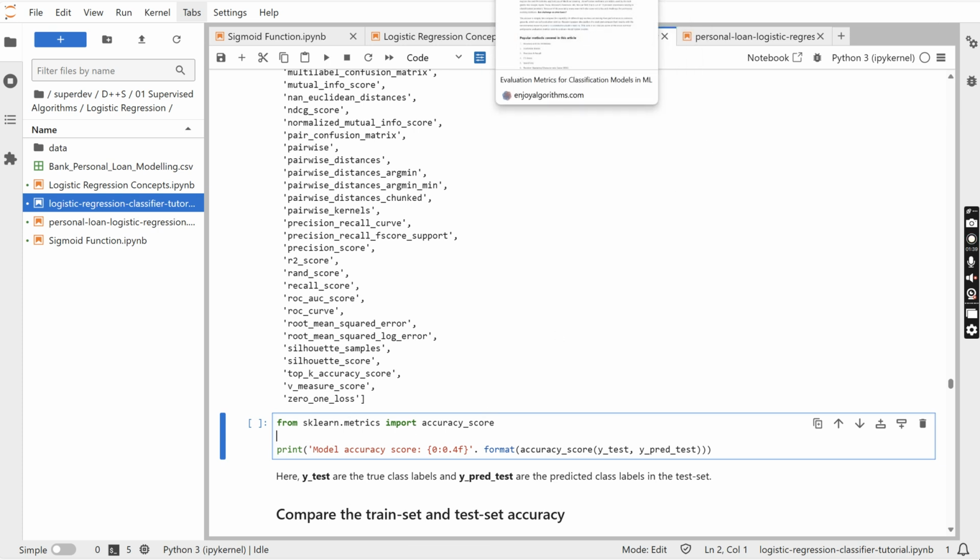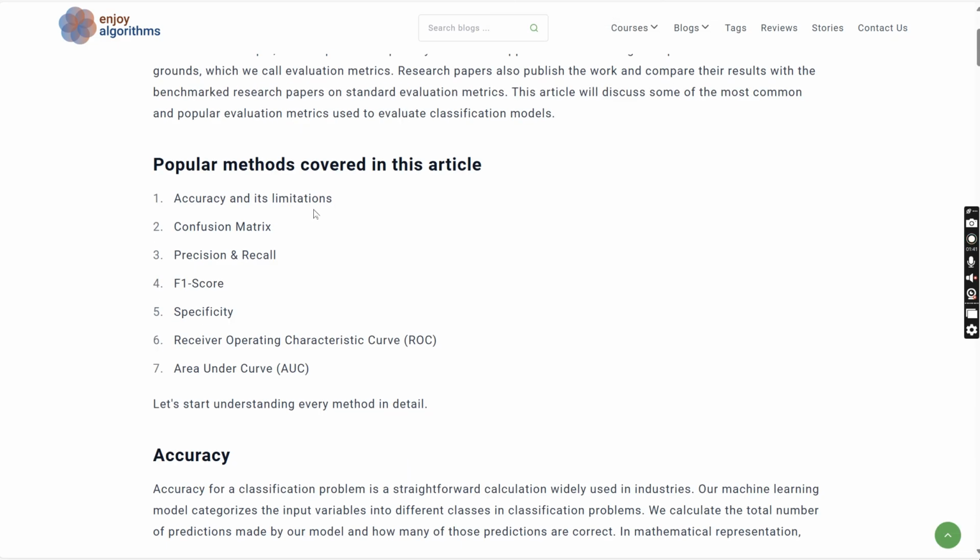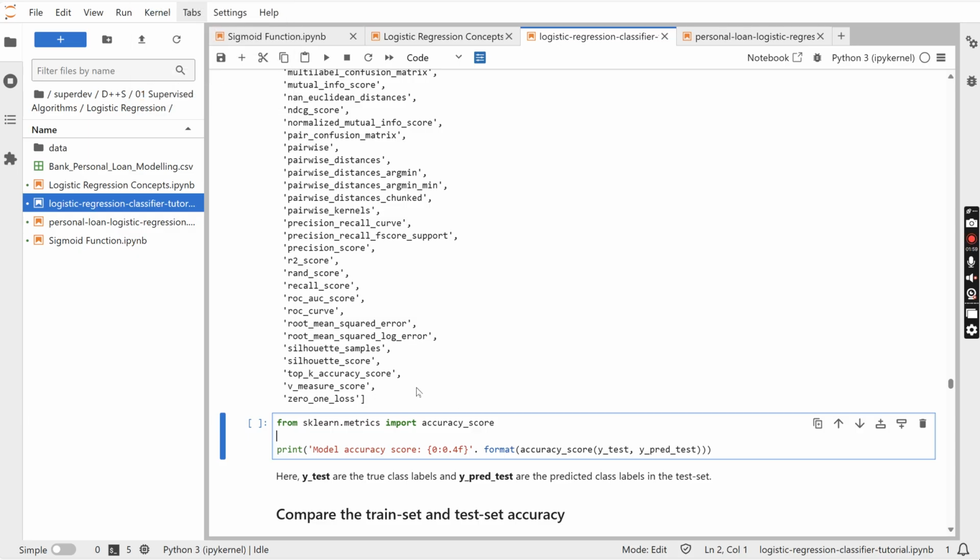Now for classification, interestingly, the most used ones are accuracy, confusion matrix, precision, recall, F1 score, and then ignore the specificity. Then you have area under curve, receiver operating characteristic curve. So all these things are classification metrics.